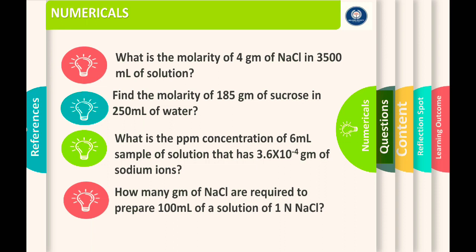Then what is the ppm concentration of a 6 ml sample of solution that has 3.6 into 10 raised to minus 4 grams of sodium ion? And finally, how many grams of sodium chloride are required to prepare 100 ml of 1 normal NaCl solution? Actually, these questions and numericals are just examples.